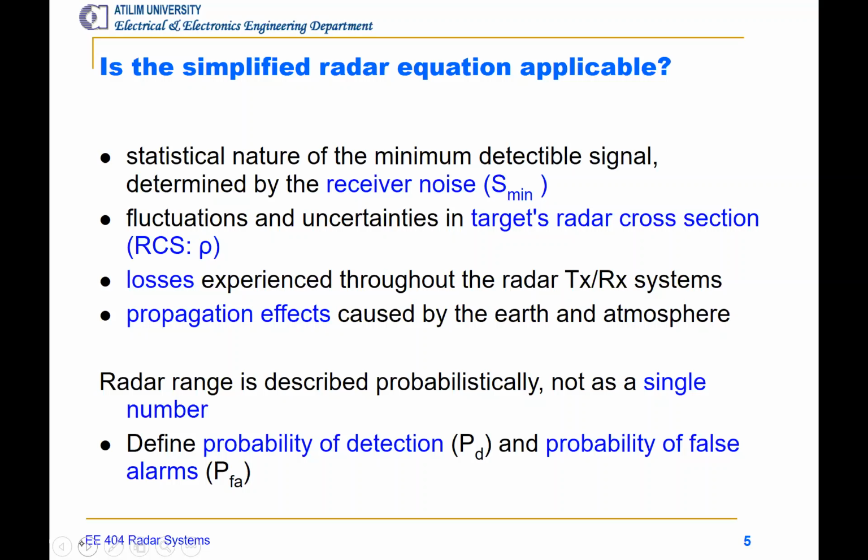You have to consider all of this, and then we couldn't simply say that the radar range is a single number. It's not a single number. We have to determine a range, and we have to define some other parameters. Two of these parameters are probability of detection and probability of false alarm.